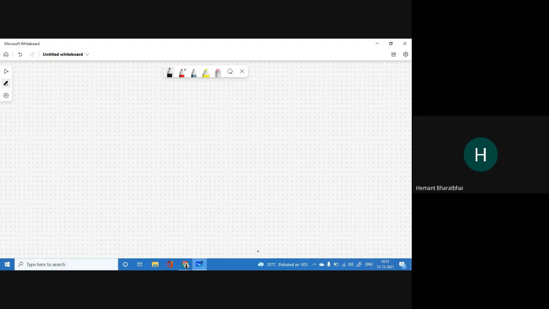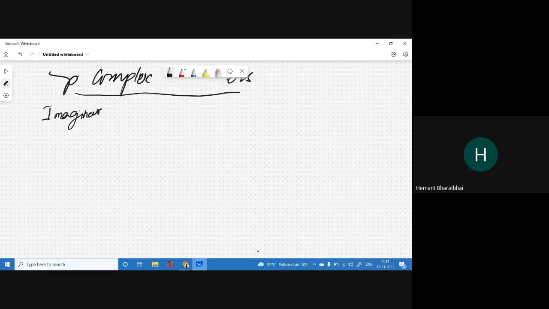So let's start with the new chapter today, that is complex numbers. Before starting with what is a complex number, we'll have to understand what is an imaginary number, which is denoted by i.